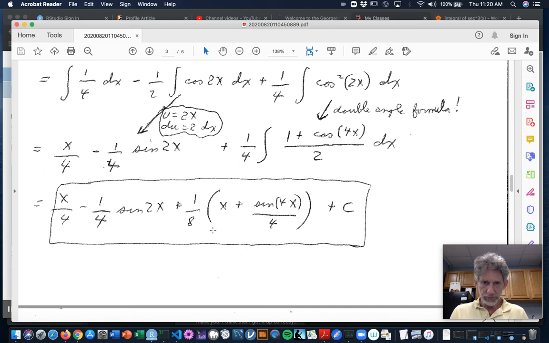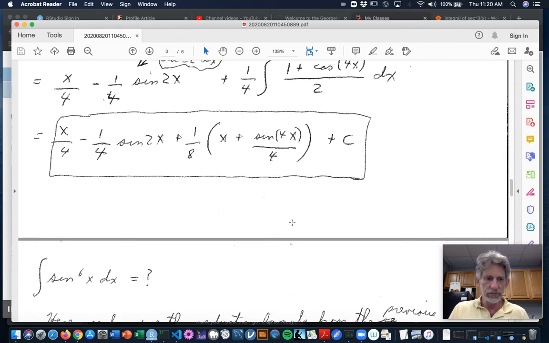And so there's still a 2 that can come out, and now I've got an 8 on the bottom and this inside. So it looks like even powers of sine and even powers of cosine can be handled by getting down to the point where you use a double angle formula.